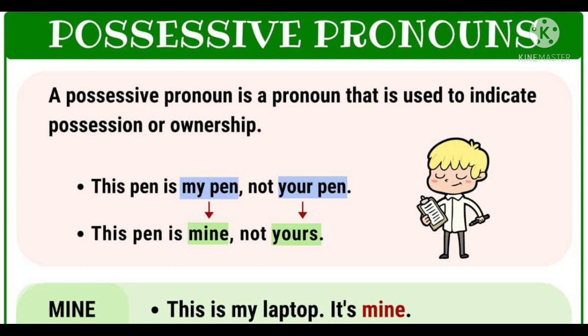It doesn't matter if they refer to one thing or more things. They always remain the same. Keep a note that possessive pronouns are never spelled with apostrophes. In other words, possessive pronouns never use apostrophes.